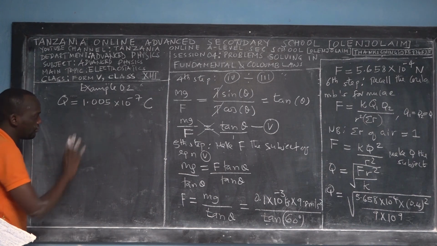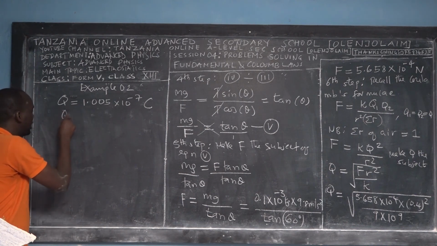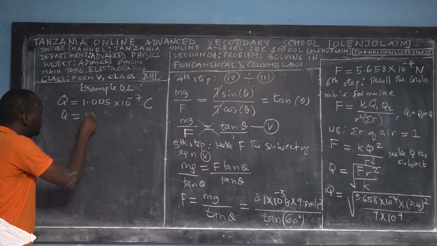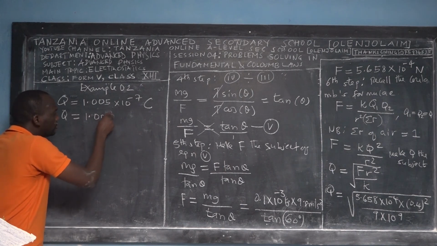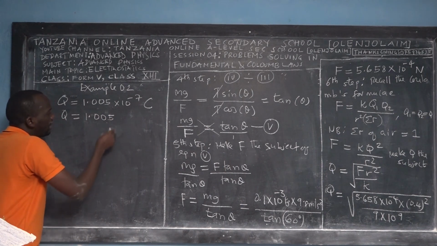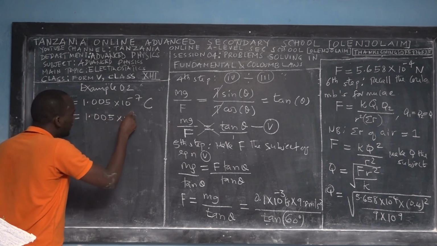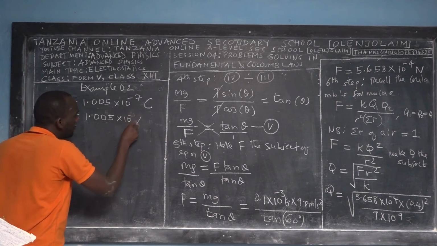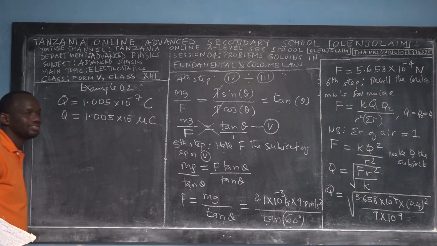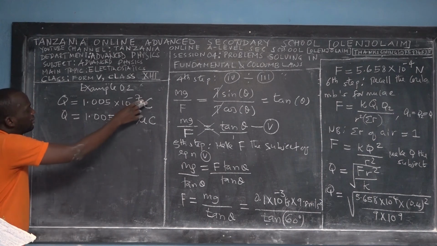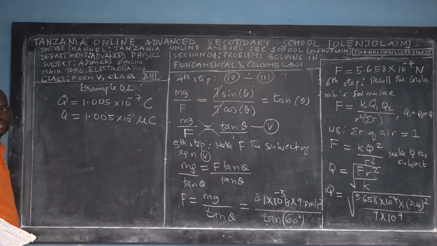So this is a small value of Coulomb. I told you that you have to express it in micro Coulomb. Just multiply this with 10 exponent 6.